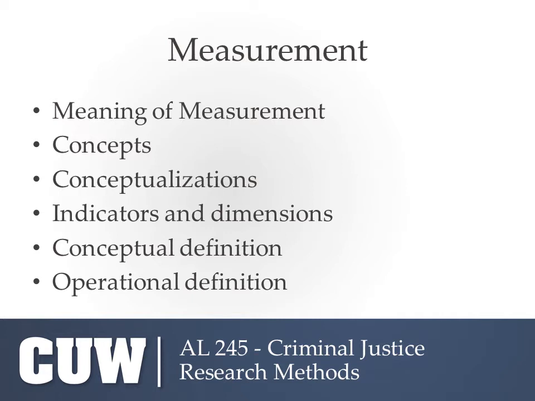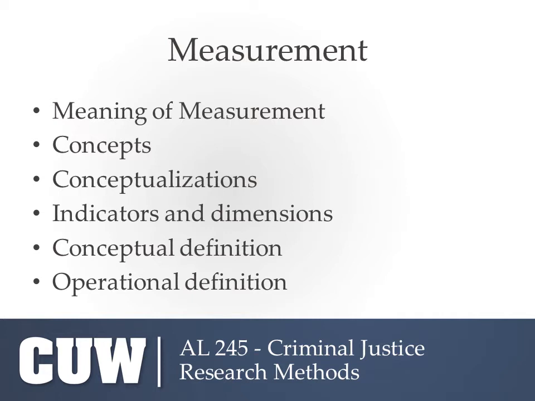Those are all ideas that represent something, and the art of measurement is going to be coming up with values, with scores that we can assign to these concepts that will tell us not only whether or not that concept is present, not only whether somebody is racially prejudiced, but also to the degree that person might be racially prejudiced.